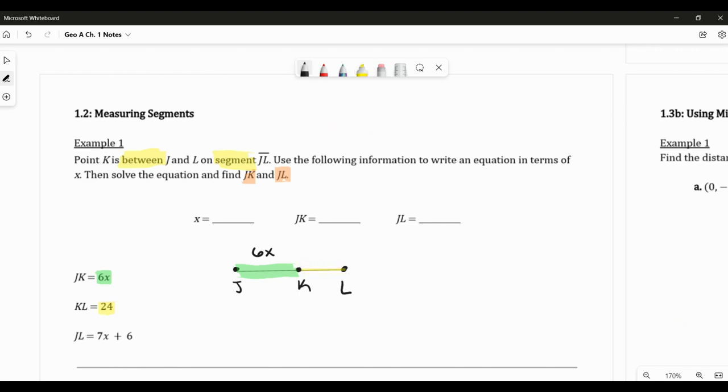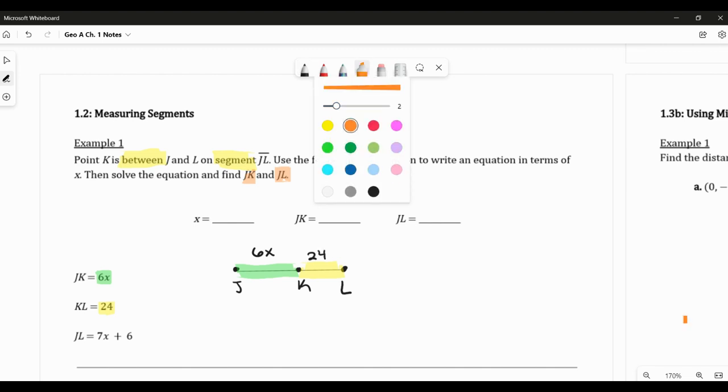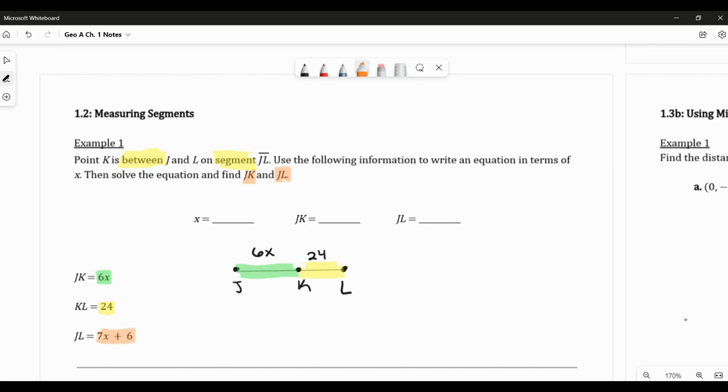KL is right here, so I know that this segment has length 24. And finally, the last thing that I'm told is that segment JL, so the entire thing, has length 7x plus 6.